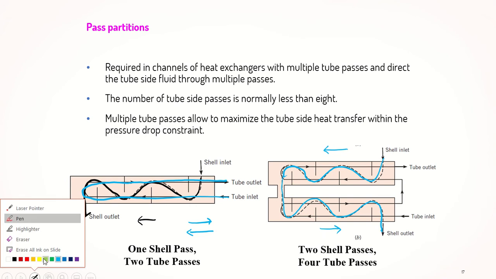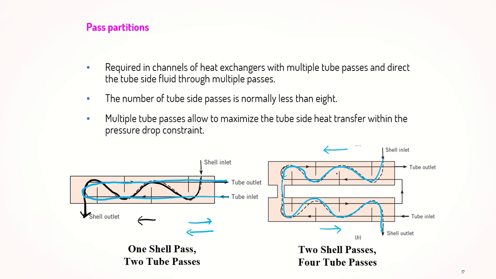For the tube side, we're going to have four tube passes. First we have this single pass. Second, you're going to have two passes here, and then inside the next shell, we're going to have two more tube passes. So we're going to have four tube passes altogether.